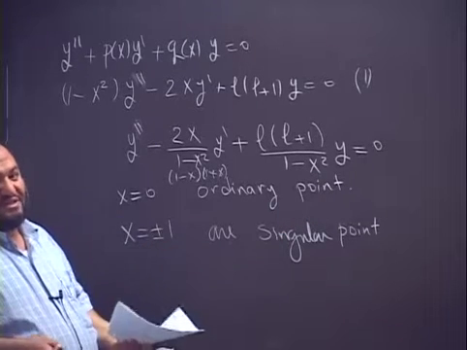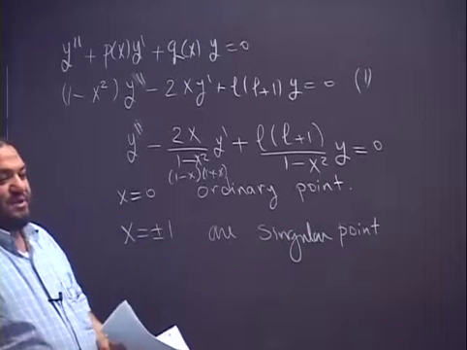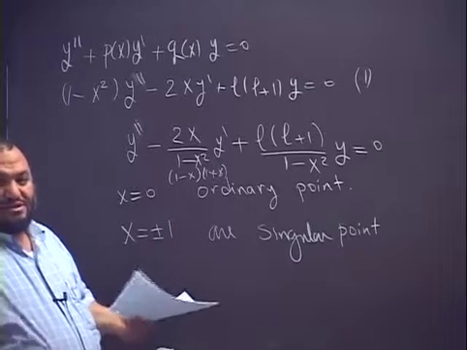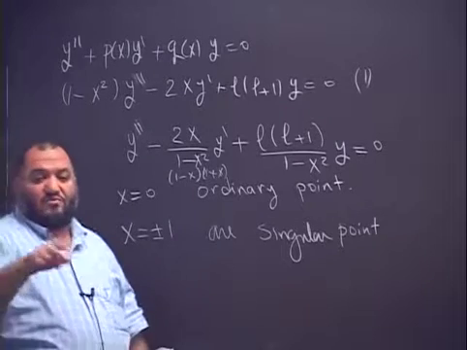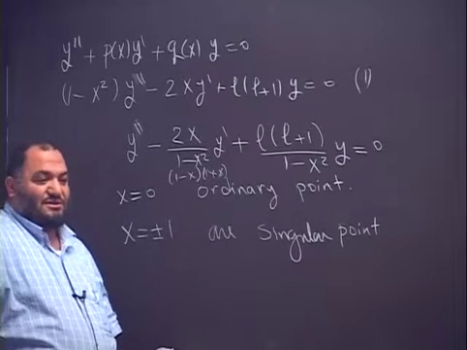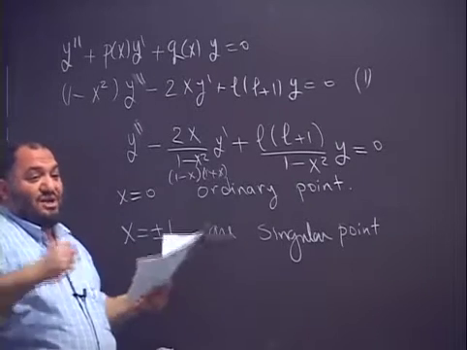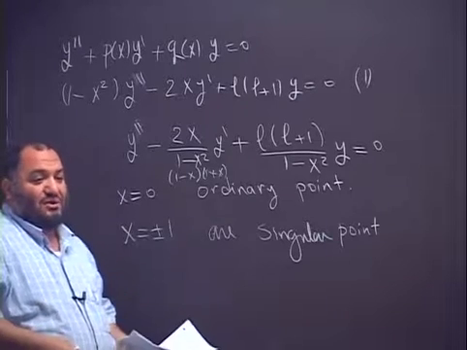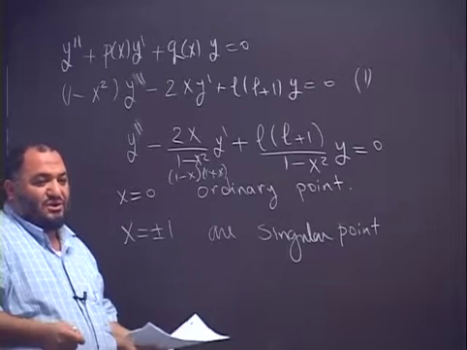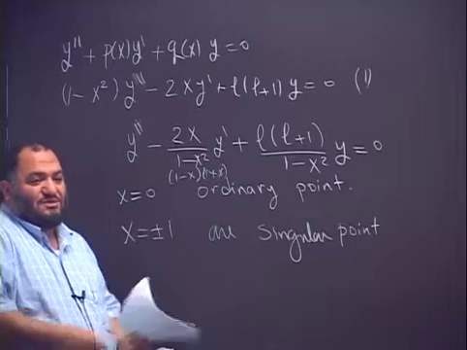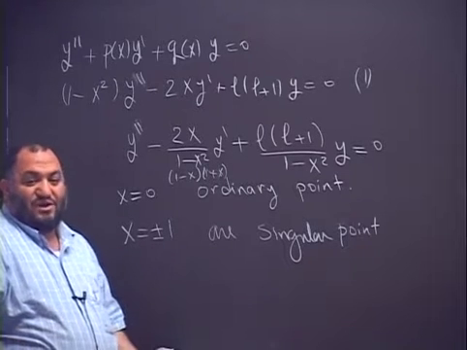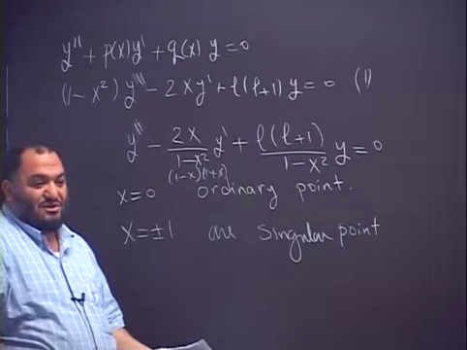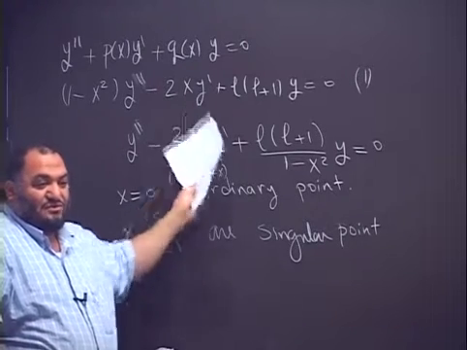And if this is the case, we can still expand P of x and Q of x in a power series, and we can have a solution for this equation, which is y of x expanded as a power series. If P of x and Q of x are essential at x naught, x naught is an essential singularity. This means that I cannot expand P of x or Q of x as a power series, and I cannot find a power series solution for the differential equation.